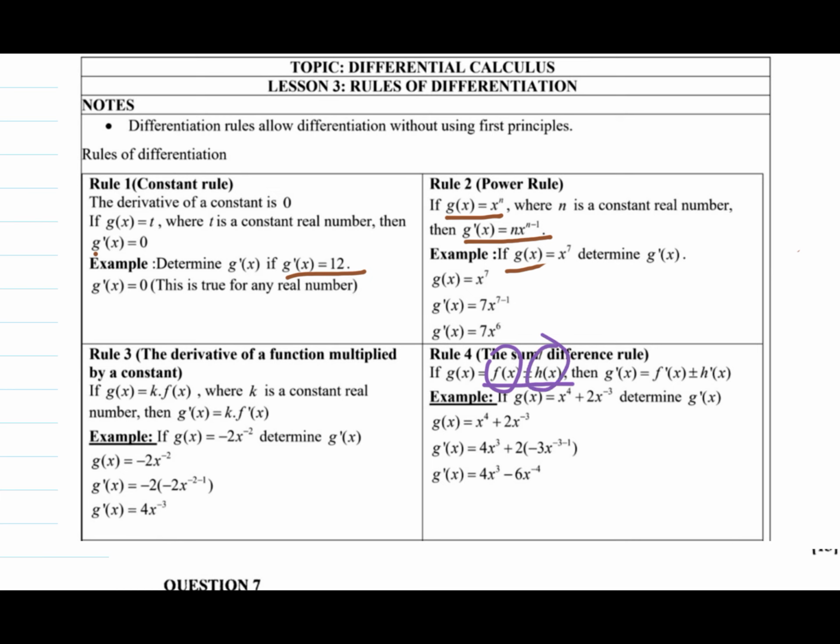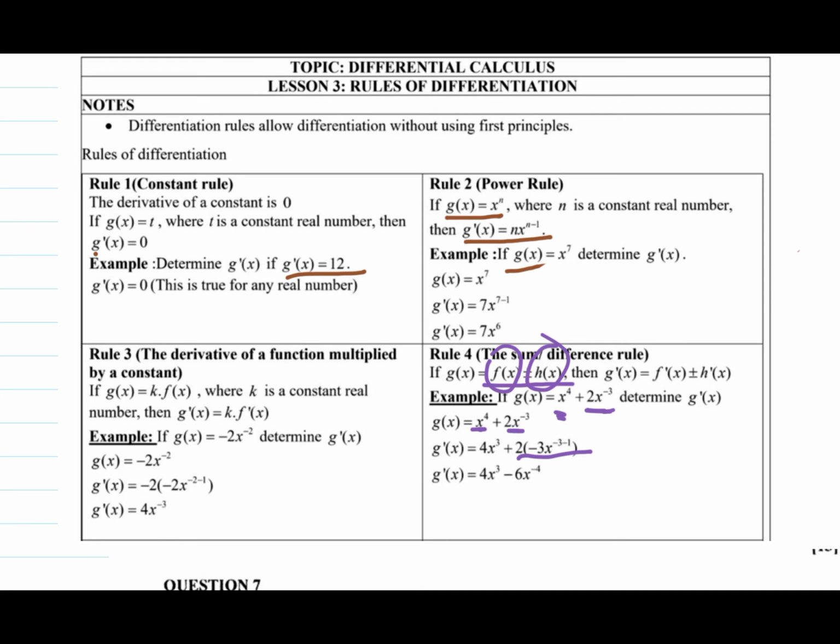So here we have, let's say, g of x is equal to x to the power 4 plus negative 2x to the power negative 3. So the first one, of course, is going to be 4x to the power 3 plus the derivative of the other one, which is the example that we did there, and then you just add them.